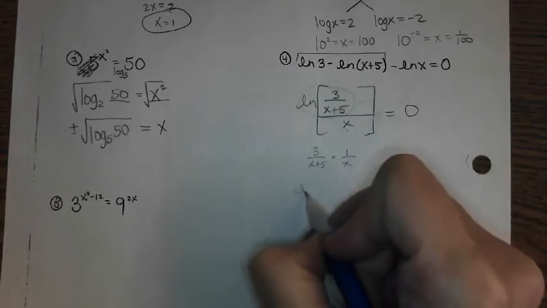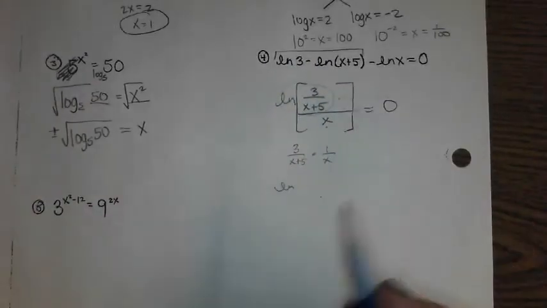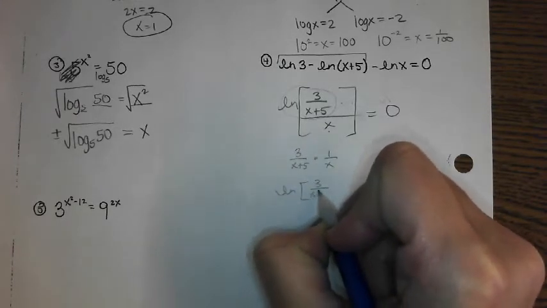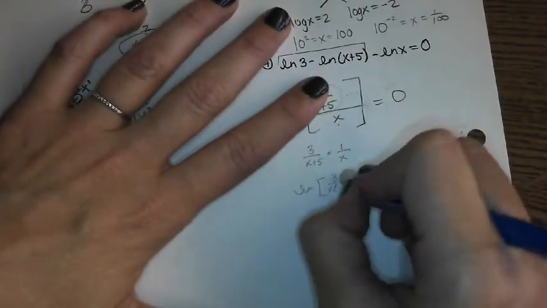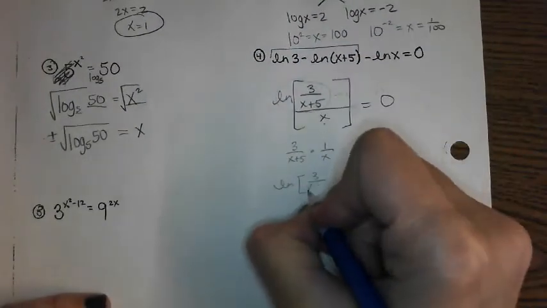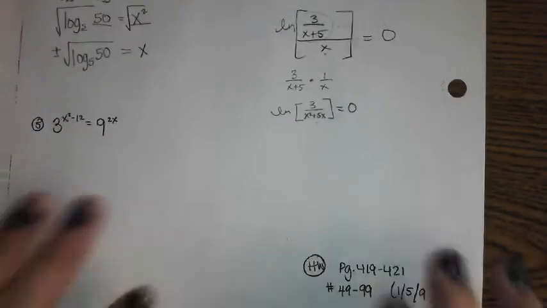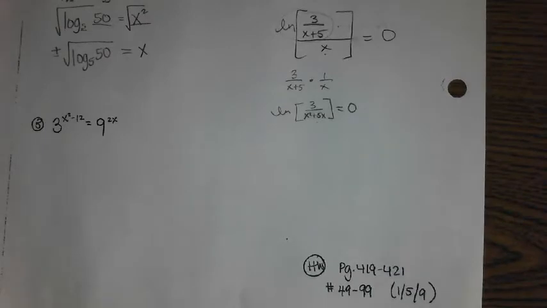Good. So she's just removing the complex fraction, which would turn it into the natural log of 3 over, well, I'll just do x squared plus 5x. So now she's got it down to a single log. And then what would you do, Morgan?